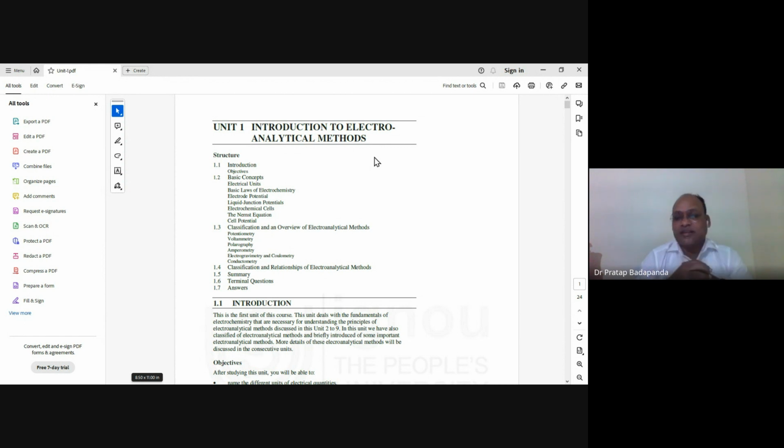Prevention of rusting is also part of electrochemistry. I'm giving you some examples where you are familiar with the process. So let's go to that particular chapter. It will not be one chapter but two chapters, completely full of features of several electrochemical processes. Okay, let's go and understand.